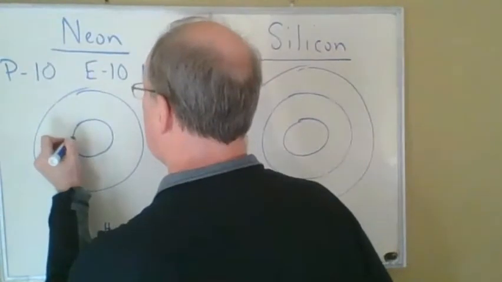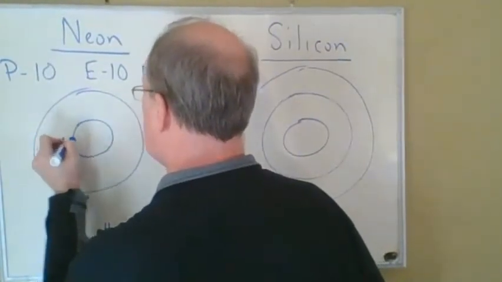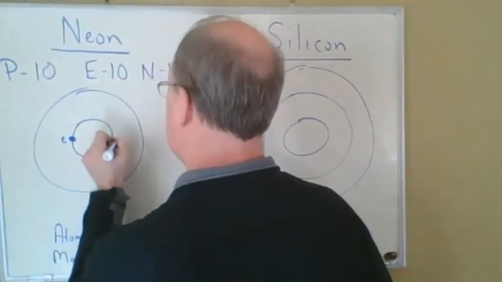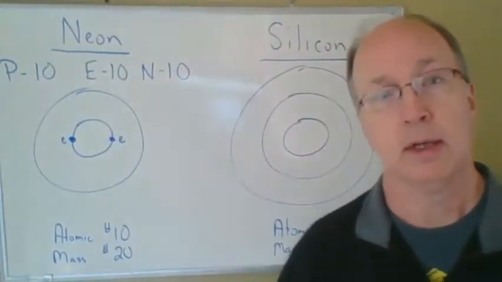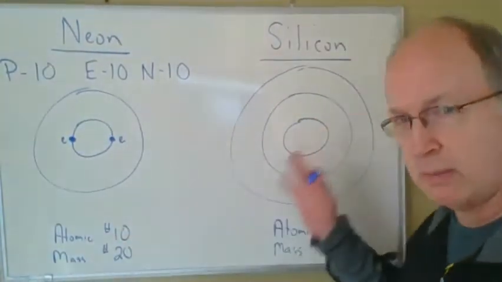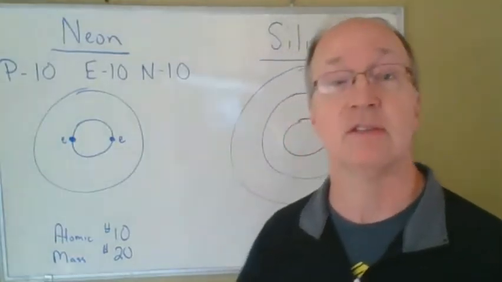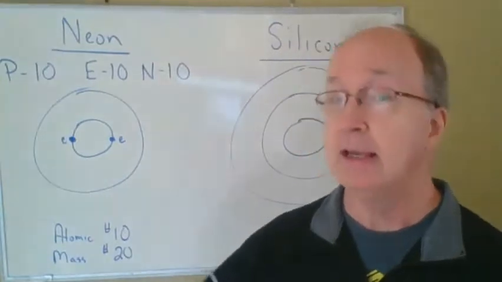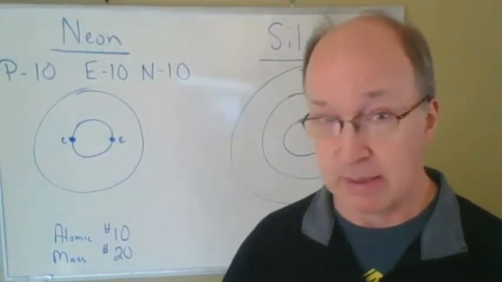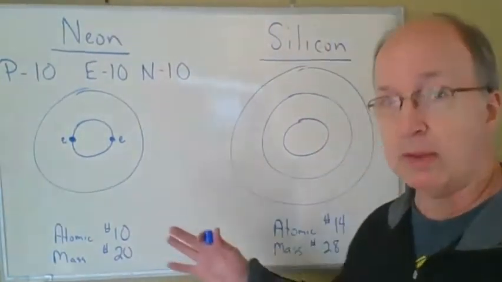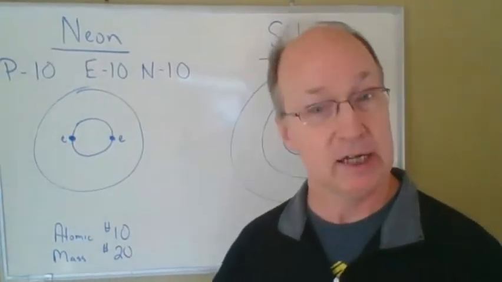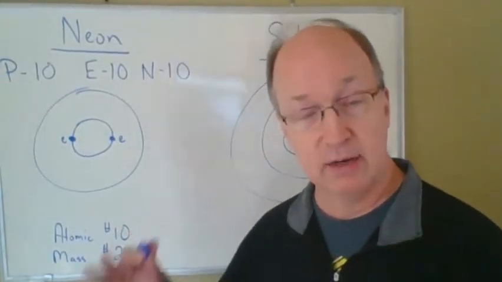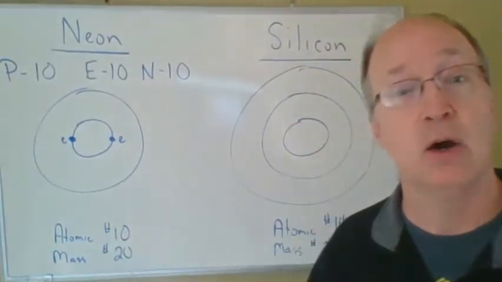So we're going to put an electron here and an electron here. Now you might ask, Mr. Morgan, is there a reason you put them on opposite sides? Yes, there is. They tend to try to stay away from each other. Not always perfectly, can't always do it exactly the best way possible, but when we draw them, we try to keep in mind that like charges repel, negative electrons tend to try and stay away from each other.